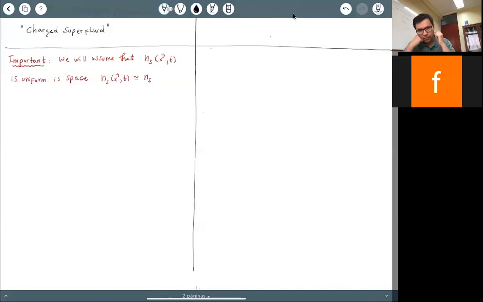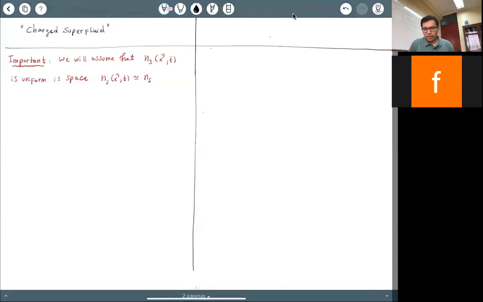You have ions in the lattice, positive charge, but then the material is surrounded by Cooper pairs. The Cooper pairs distribute in the sample such that they cancel all the positive ions of the nuclei in the lattice, so that to a very good approximation, the superconductor's effective charge is 0.